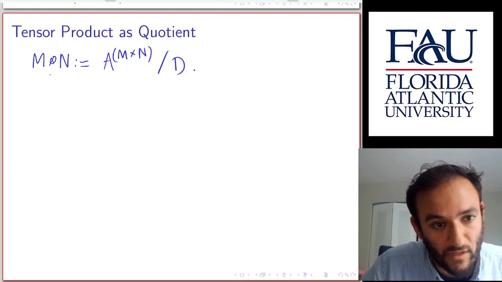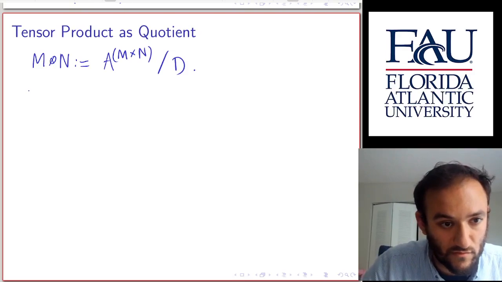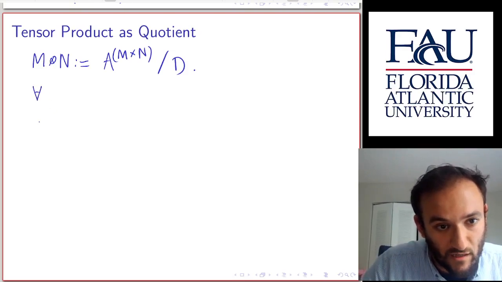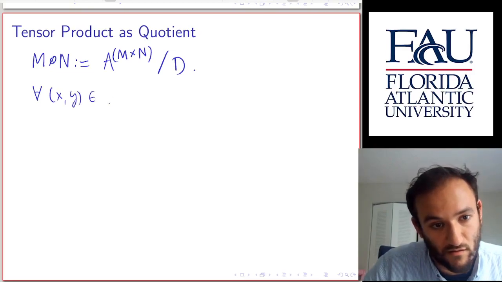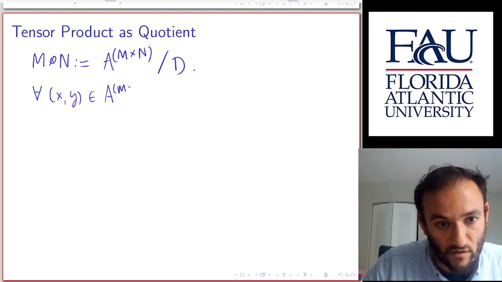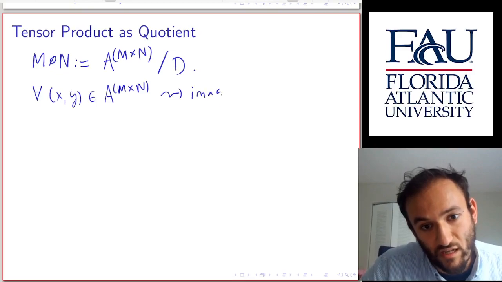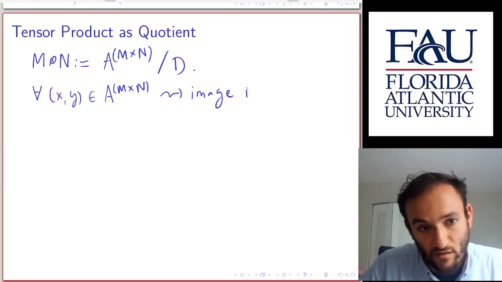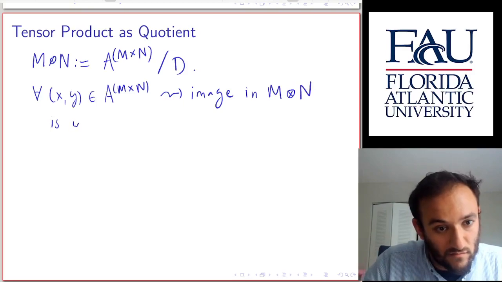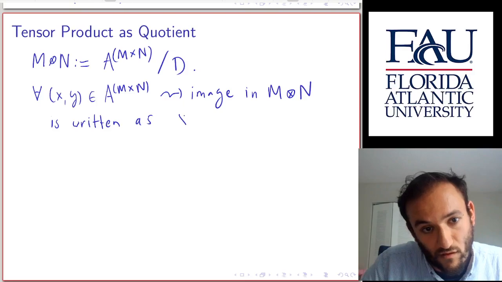And so for an arbitrary element in M tensor N, for any (x, y), once we start in this module, the image in M tensor N after quotienting out by D is written as x tensor y.